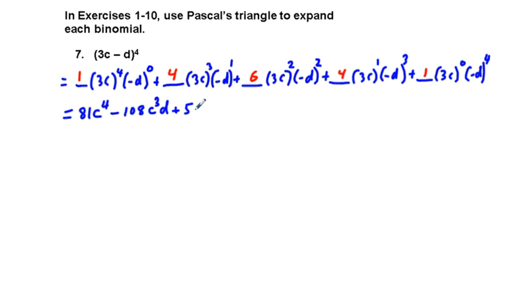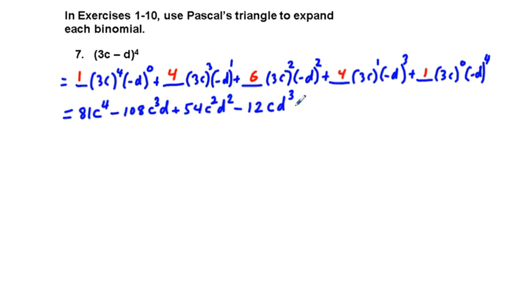So we're going to get 54c squared and d squared. And then we're going to have minus, because I know this negative d cubed, that negative sign is going to be minus. So 4 times 3 is 12. So we have 12c, and we have d cubed.